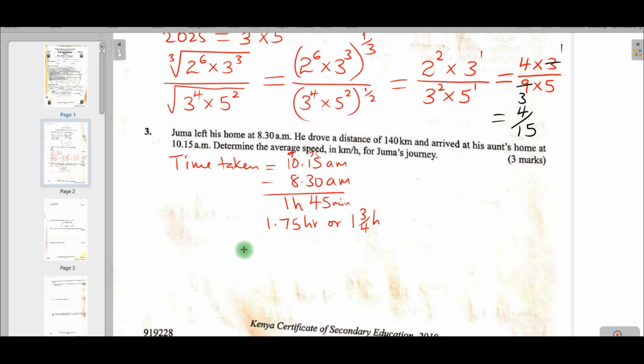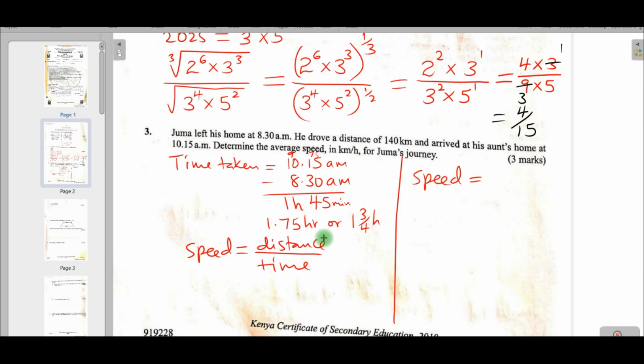So we need to find the speed in kilometers per hour. Speed is given as distance divided by time taken. And therefore the speed, so distance from Juma's home to his aunt's home is 140, so we have 140 kilometers.